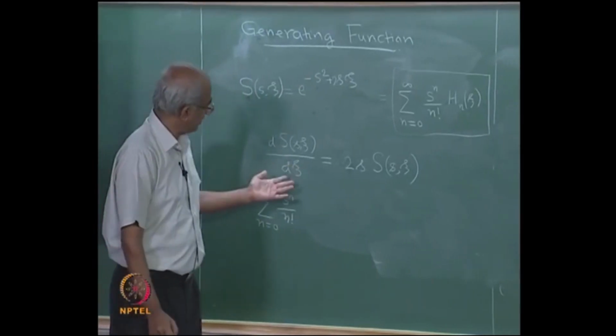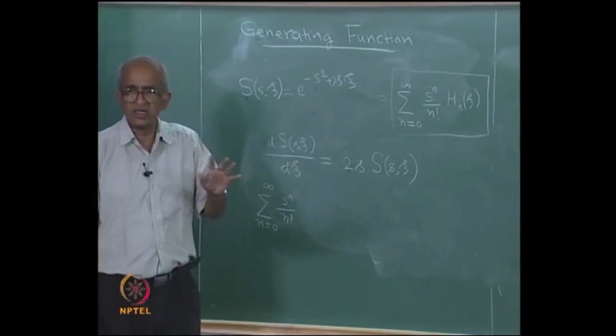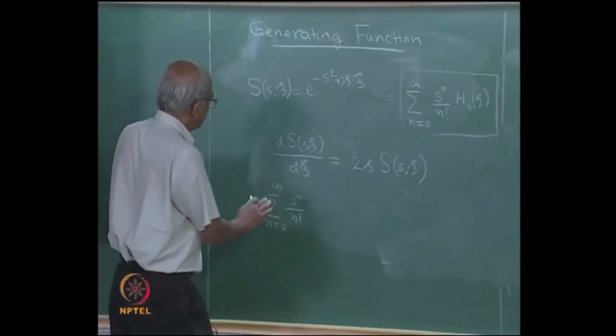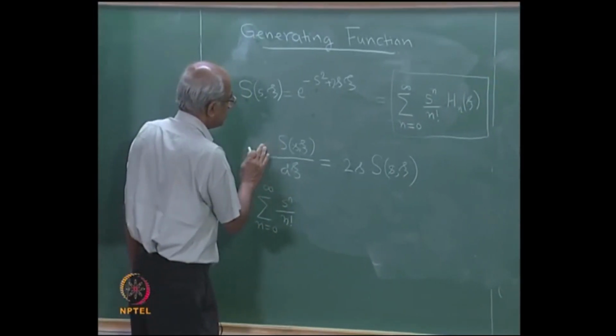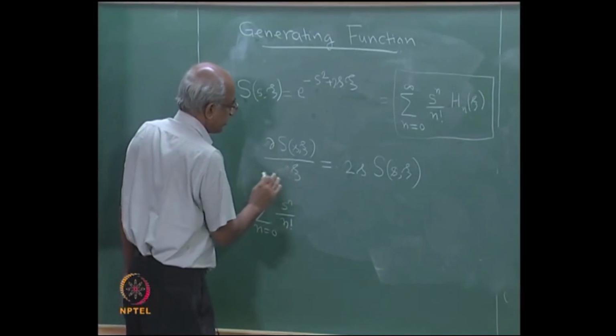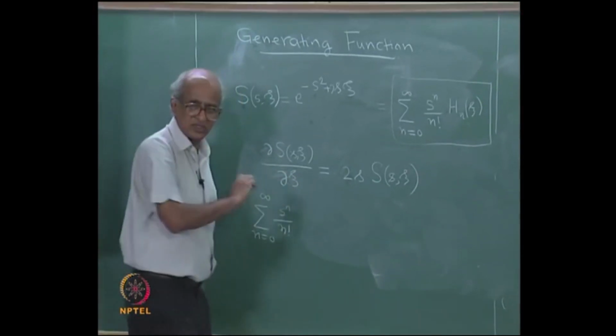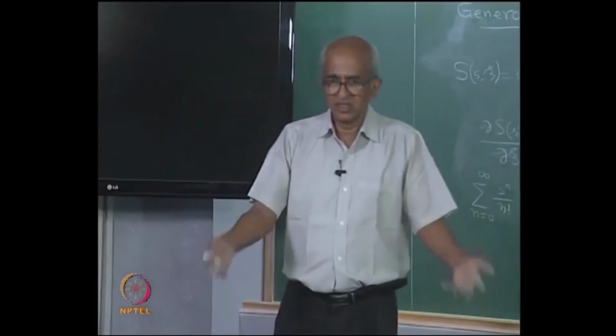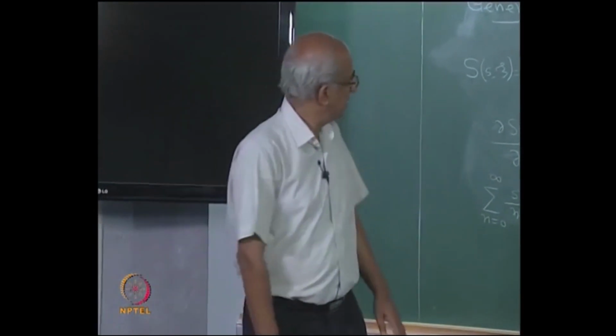You are differentiating with respect to ξ, you are not doing anything with respect to s, so maybe what I should do is change this to partial differentiation notation, that is better, so that there is no chance of any confusion. I am differentiating partially with respect to ξ and not changing s.